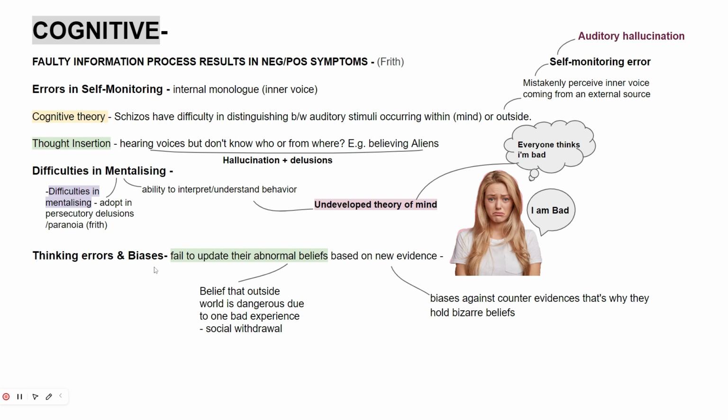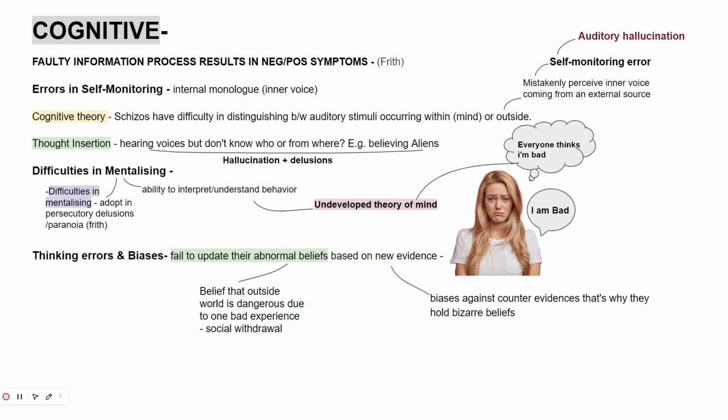Thinking errors and biases means that they fail to update their abnormal beliefs. For example, as normal human beings, if we have one bad experience, we don't conclude that the whole thing is bad. For example, you go outside on the subway and you have one bad experience. It could be harassment, it could be anything, and then you don't move from your house, but you have to go out.